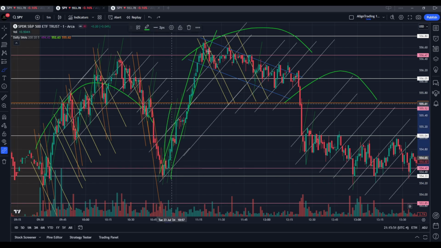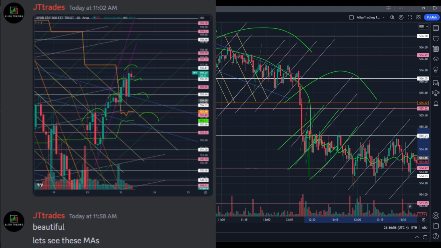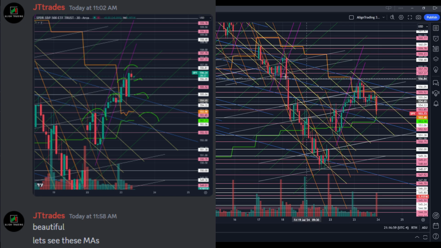Now we're looking for this continuation, right? Once again with that inverse cup, and you can see we're trying to form this handle right here, but it just starts to get very, very choppy. What we're also looking for was on the 30-minute, that same head and shoulder that I explained that we can be forming right here at these levels.